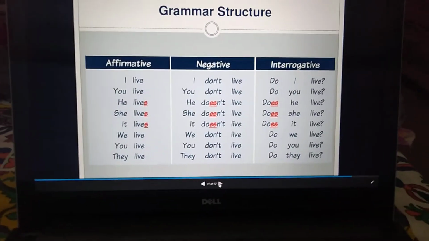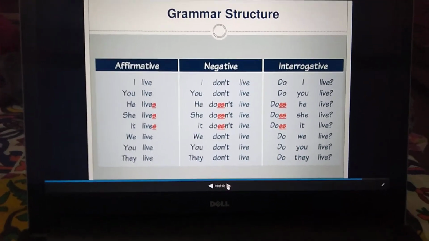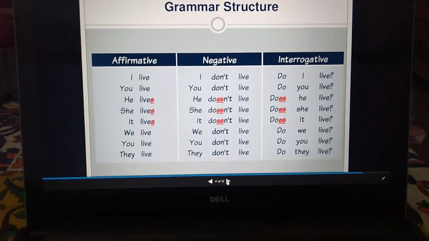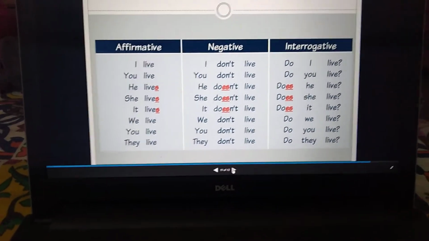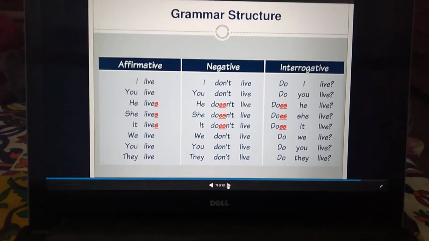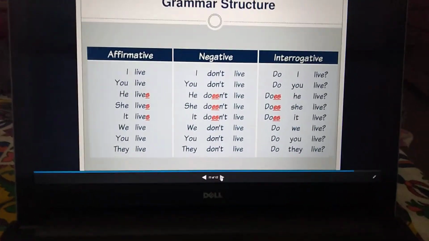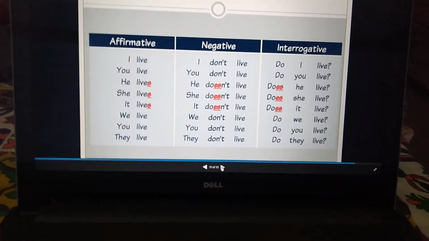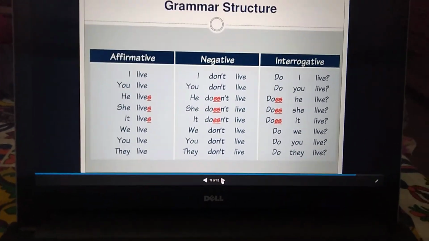If something is not clear, you can put a question into your O level 1 group. We talked about the uses of the present indefinite tense, that in which situation can we use the present indefinite tense. Then we talk about the subject of the sentence, when the subject is first person pronoun, second person pronoun, and when the subject is plural.